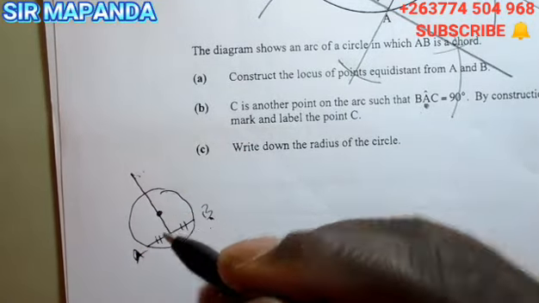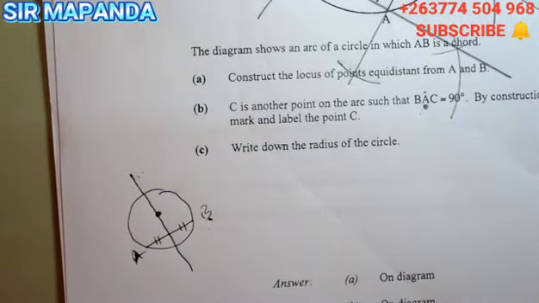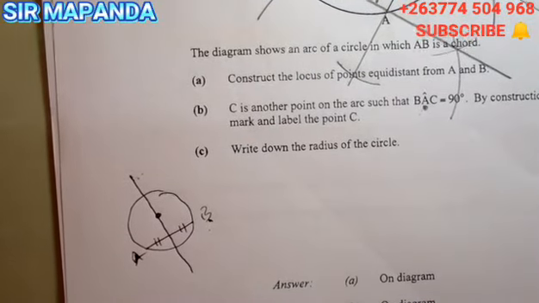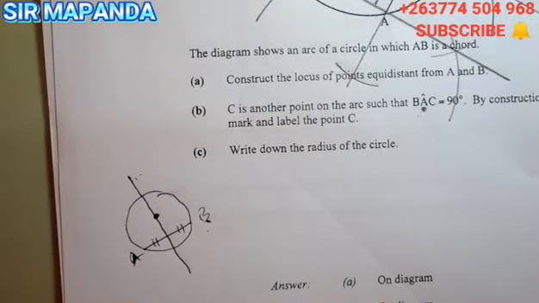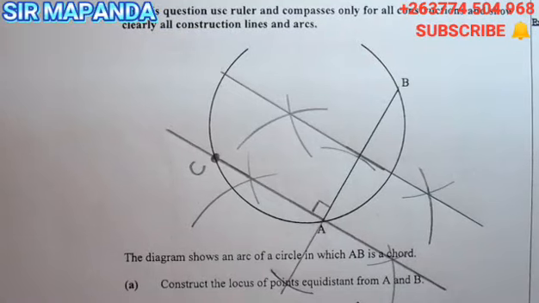It is automatic. Any line which bisects a chord of any circle passes through the center of that circle. I hope you are listening. So I want you to get something.